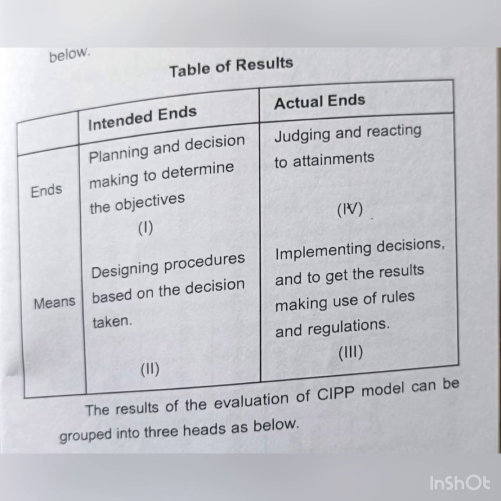Next, the results are grouped under three heads: delineating the results, obtaining the data, and reporting the results. In this tabular column, the aspects of evaluation are context, input, process, and product, and the headings of the evaluation are delineating, obtaining data, and reporting the results. Below the context we have decision making and accountability for the decisions.